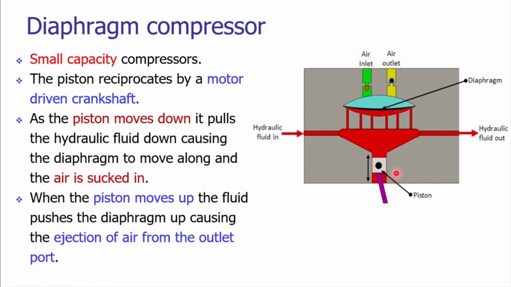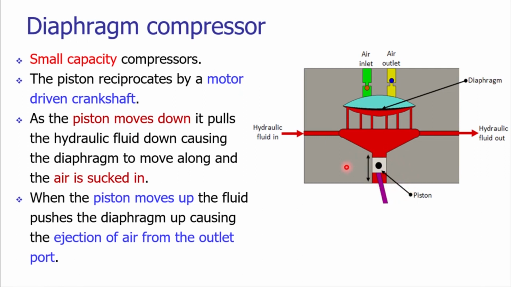And during the upward motion, the hydraulic fluid is pushing the diaphragm in upward direction, and that is compressing the ambient air, and through the outlet valve we are getting the compressed air.